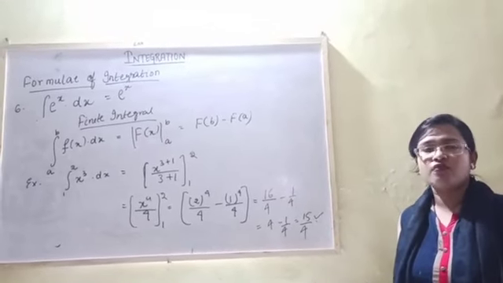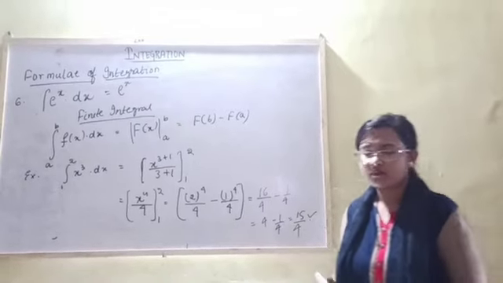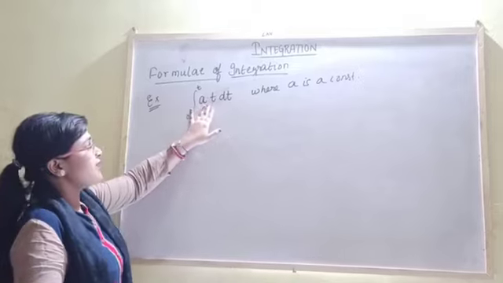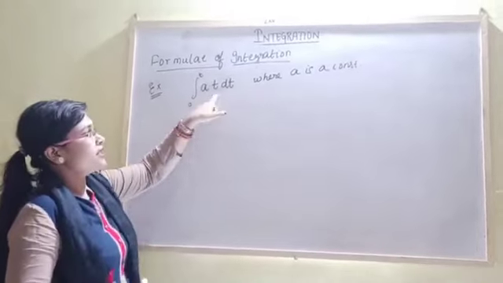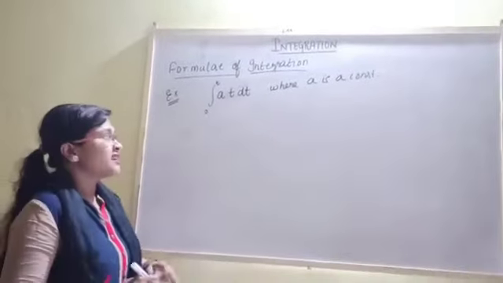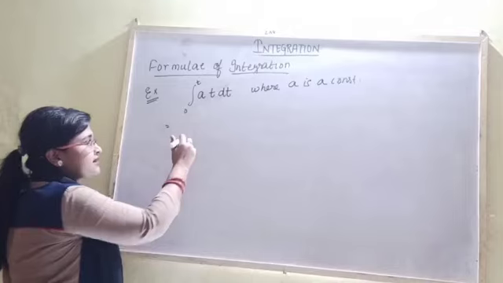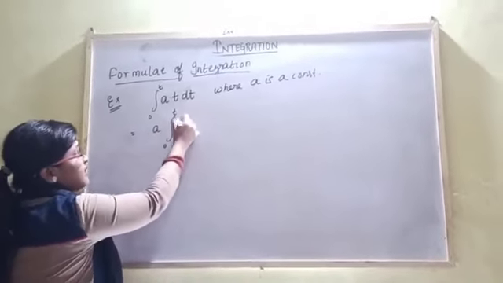We will try to solve more examples of finite integral and integration. Now one more example. You have to integrate a t dt from 0 to t, where a is a constant. It is very easy. See, a is a constant, so you can easily take it out and integrate t dt from 0 to t.